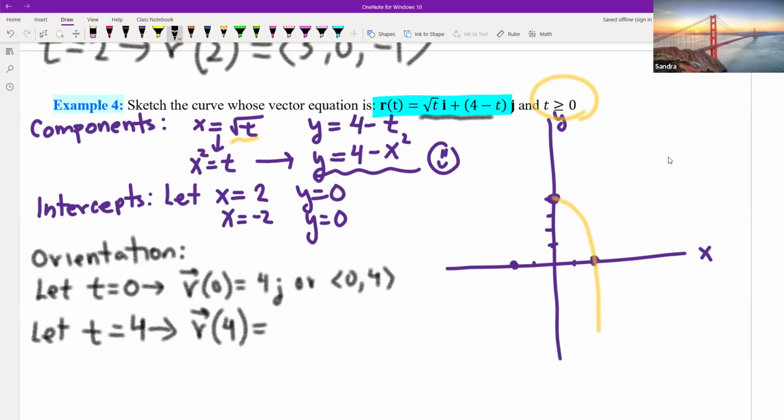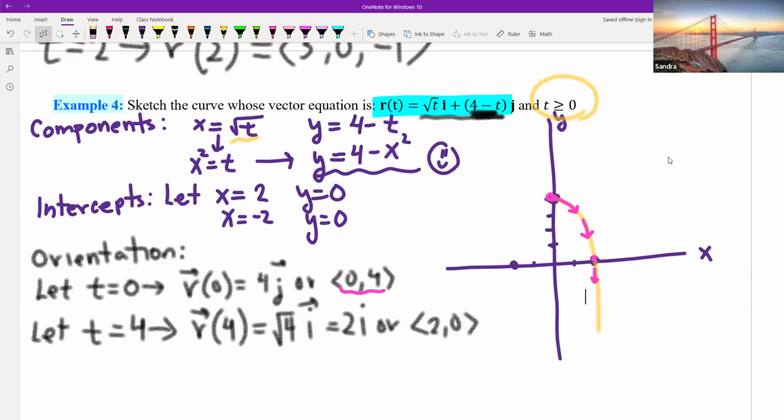When I put it in here, the reason why I selected a 4 is because this can go away. And so then I get the square root of 4 i only. I don't have the j anymore. The j is gone. So this will give me 2i, or this will give me 2, 0. And that's enough for me to be able to know, because 0 and 4 is here, and then 2 and 0 is also here. And so we already know that it's coming this way. By the way, those points happen to be on the curve.